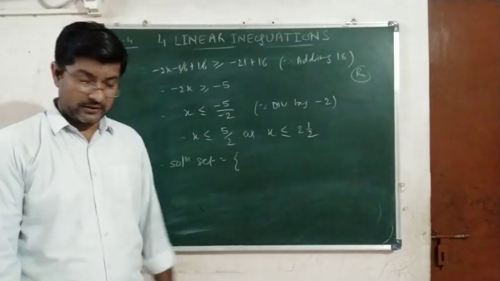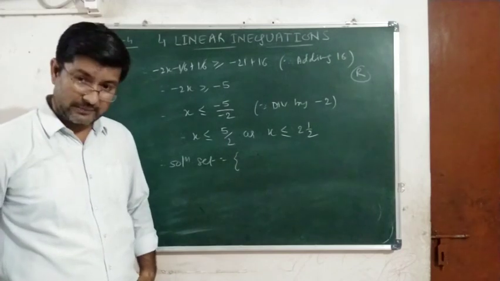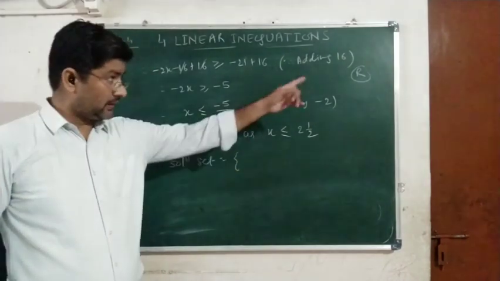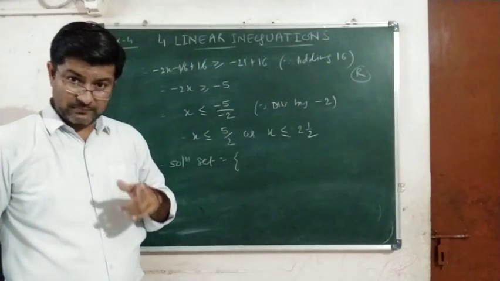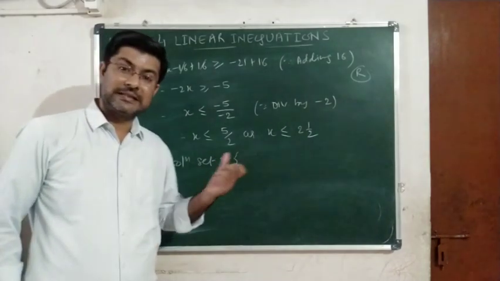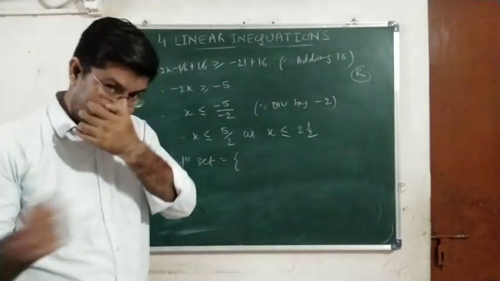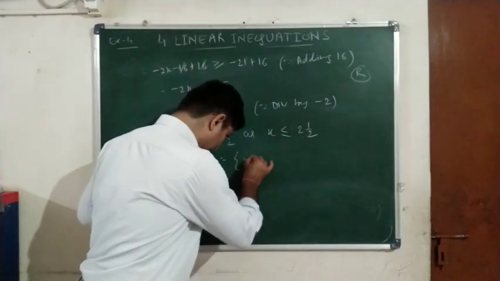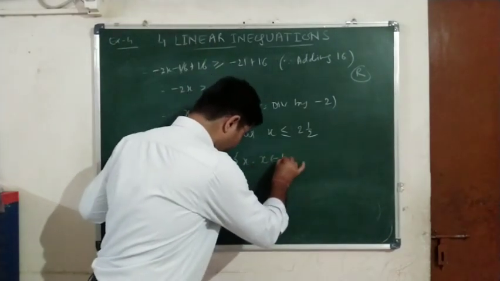It is not possible to write in roster form, so whenever you are given R, the set of real numbers, as a replacement set, we will always express this in set builder form, that is in statement form. How to write that? Like this: x such that x belongs to R.